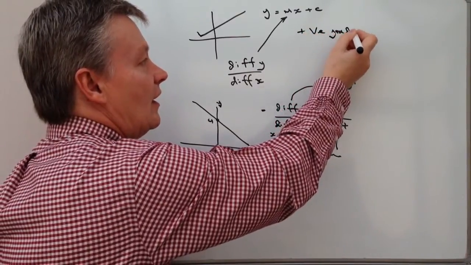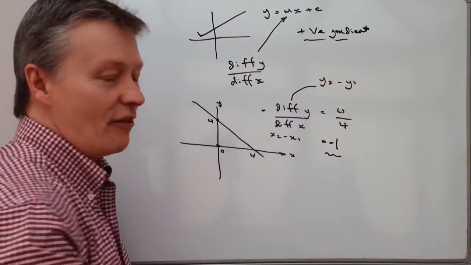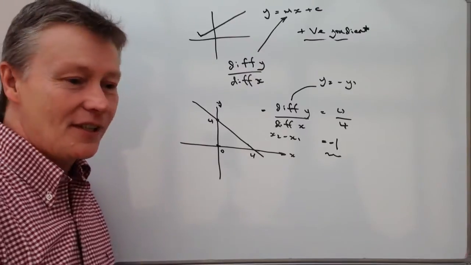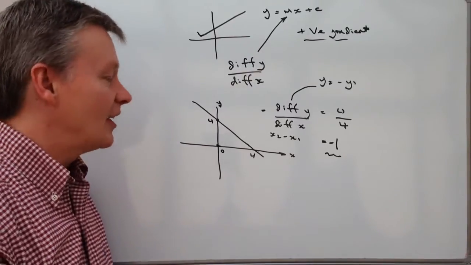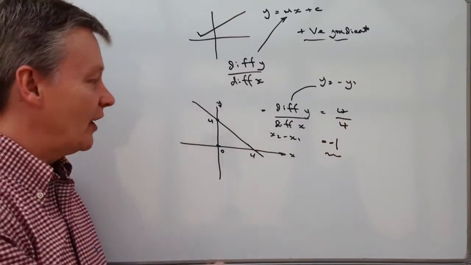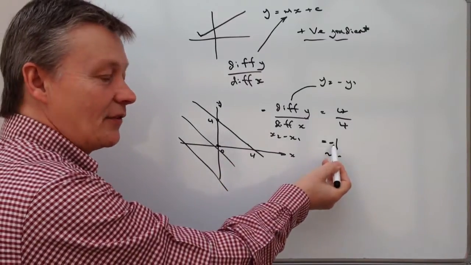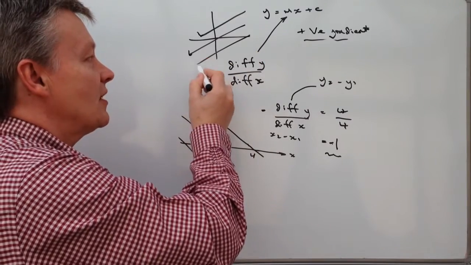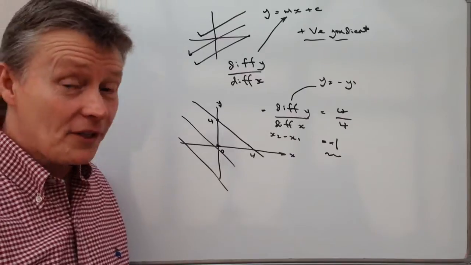Now, I appreciate that's probably not very mathematical to do it that way, and it would be better perhaps if we started to look at the way the numbers are being put into place. But nevertheless, it's just a very quick and simple way of doing it, that if the line goes this way, it's always a negative gradient, and if it goes this way, just the same as a tick, it's always a positive gradient.